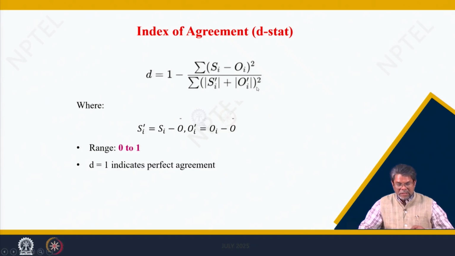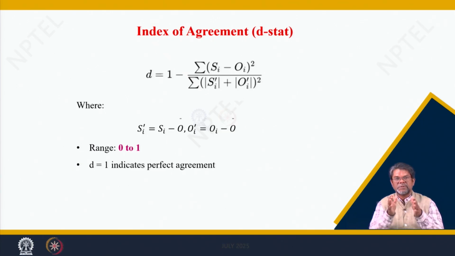When the simulation and observed values remain the same, this D index becomes 1. With error, the D index varies from 0 to 1. 1 means there is a good agreement, that means the simulation is the same as the observations, but of course, this usually does not happen in a field experiment.